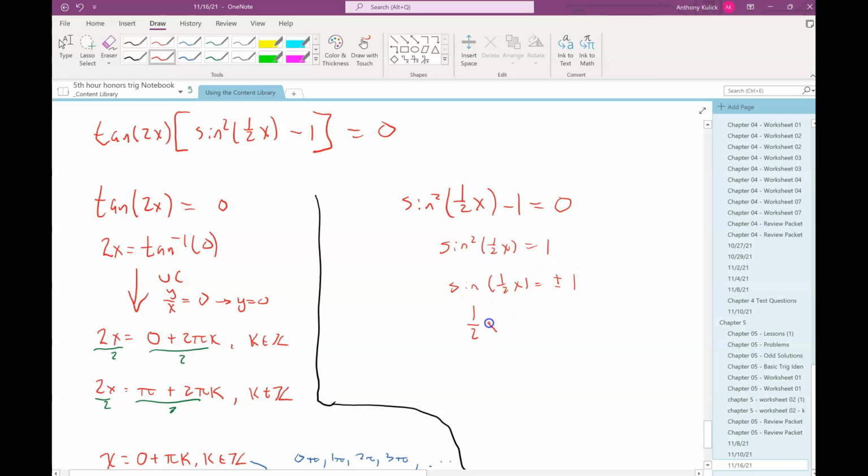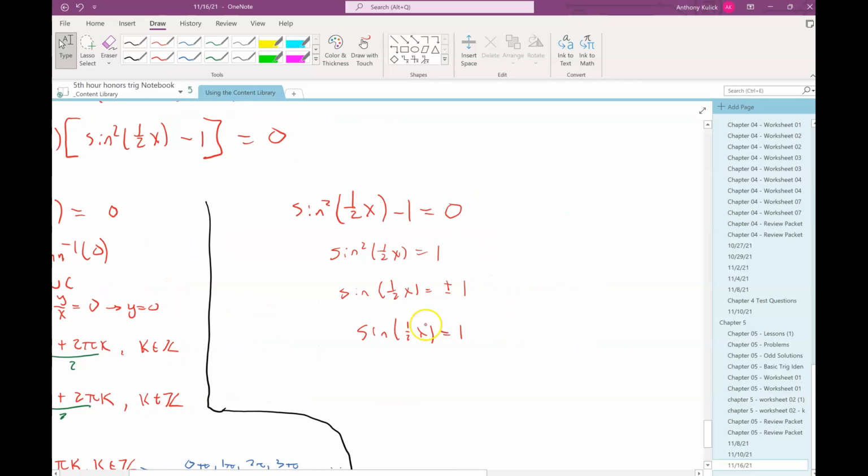We'll do the sine inverse. Oh, shoot, we have to separate this. Excuse me. Then we'll do the sine inverse.